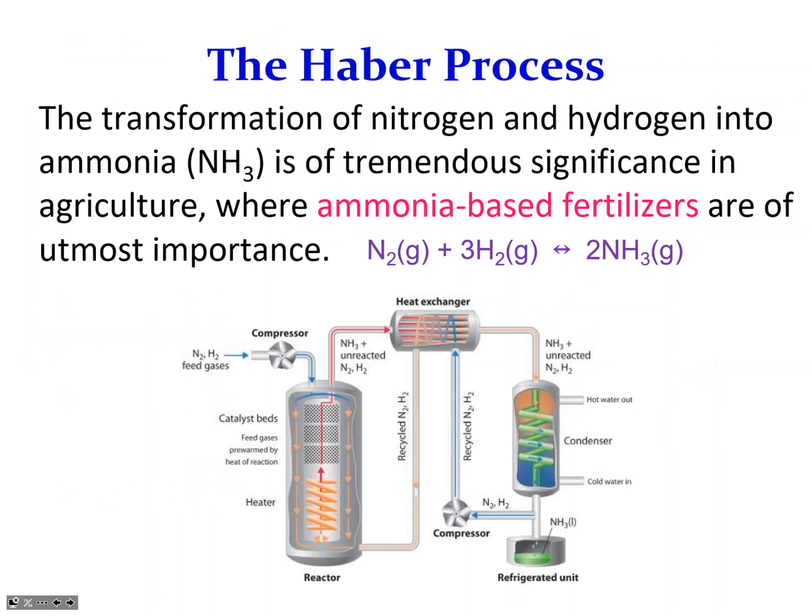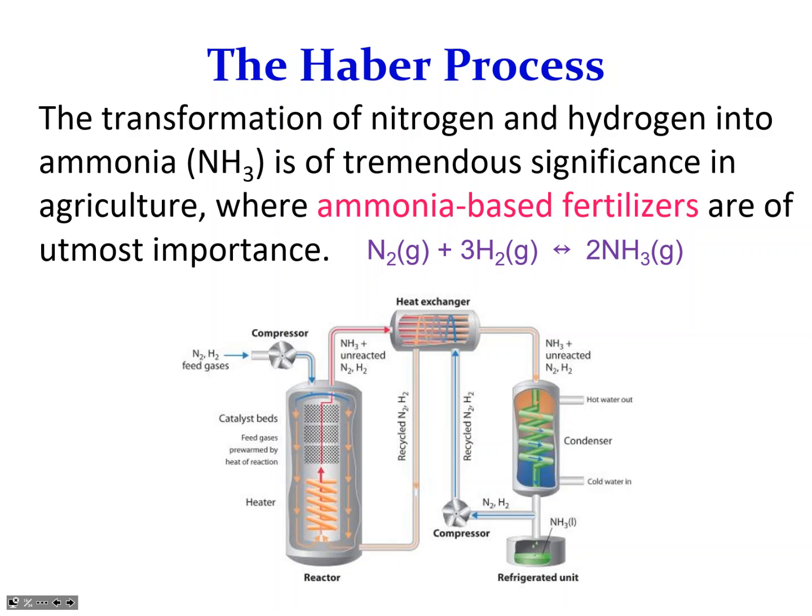The Haber process. This is not necessarily needed for answering a test question, but it's useful for knowing the purpose of Le Chatelier's principle in general, because lots of reactions are reversible, and in industry they're going to want to maximize their amount of product.